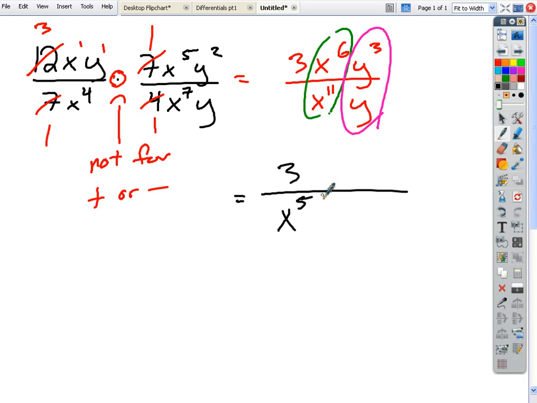Either way, same thing. Okay? What about the y's? Y to the 2nd on top, because I've got a y to the 1 on the bottom. So the y's stay on top, to the 3 minus 1. And there's my answer. Okay, no big deal? Right? Okay. Very good.